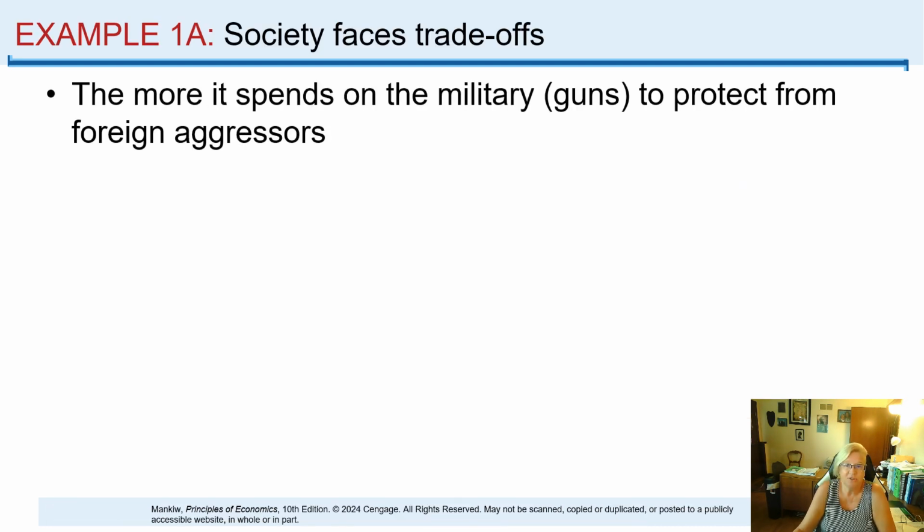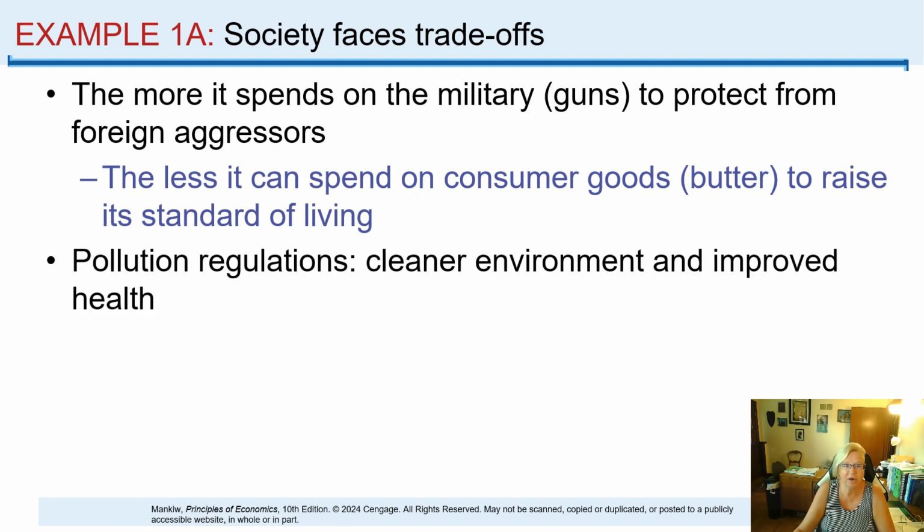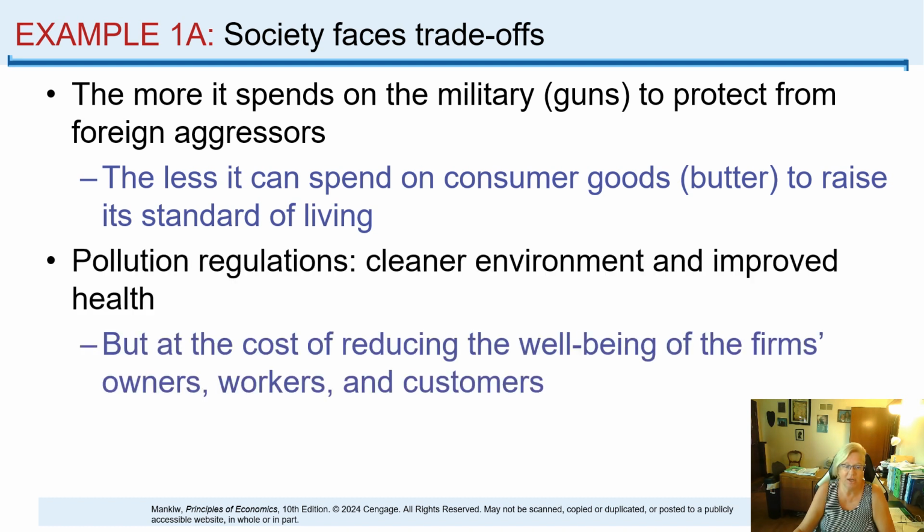Okay, here's an example of society facing a trade-off. There's a really old problem in economics called guns and butter. It asks, should we have more guns or should we have more butter? And how we choose to spend tax dollars is either on the hawks, guns, or the doves, butter.